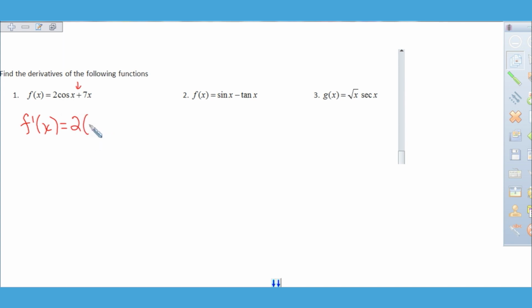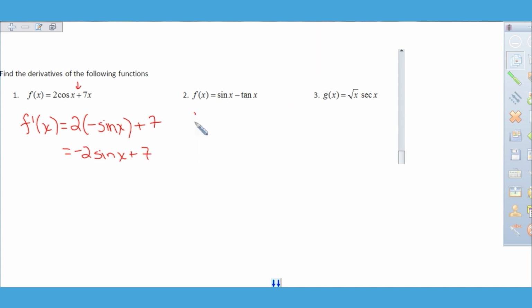The derivative of cosine is negative sine, because sine and cosine are each other's derivatives and all the c's are negative. And the derivative of 7x is just 7. This would probably read negative 2 sine x plus 7 because I pulled that negative out front.